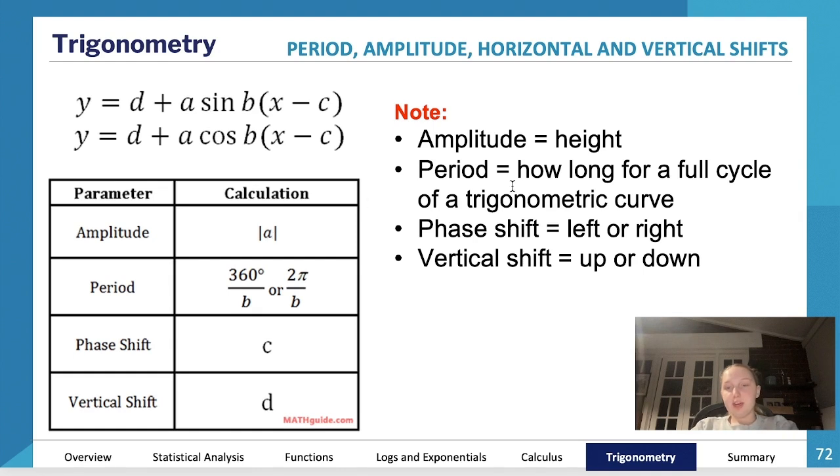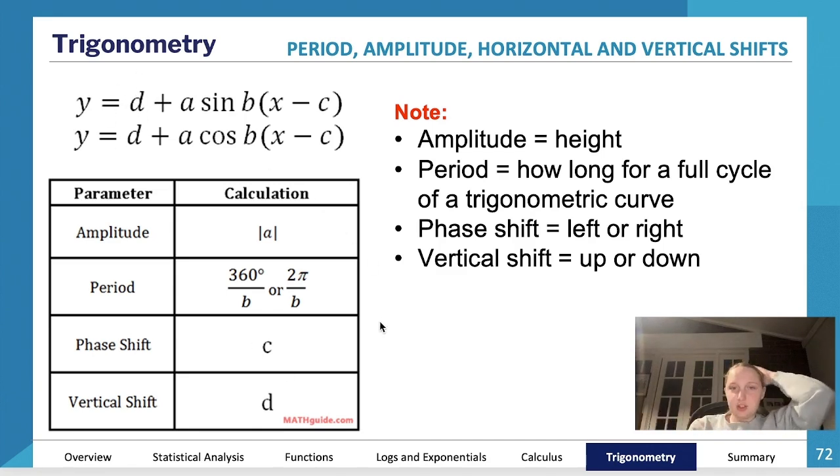So your period is how long it takes to get a full trigonometric cycle. The most common way to think about that is 2 pi on b, where b is just this number here. Your phase shift is moving it left or right, same as if you moved any other graph left or right, you'd get plus or minus c, and then same thing with your vertical shift, up or down for d.